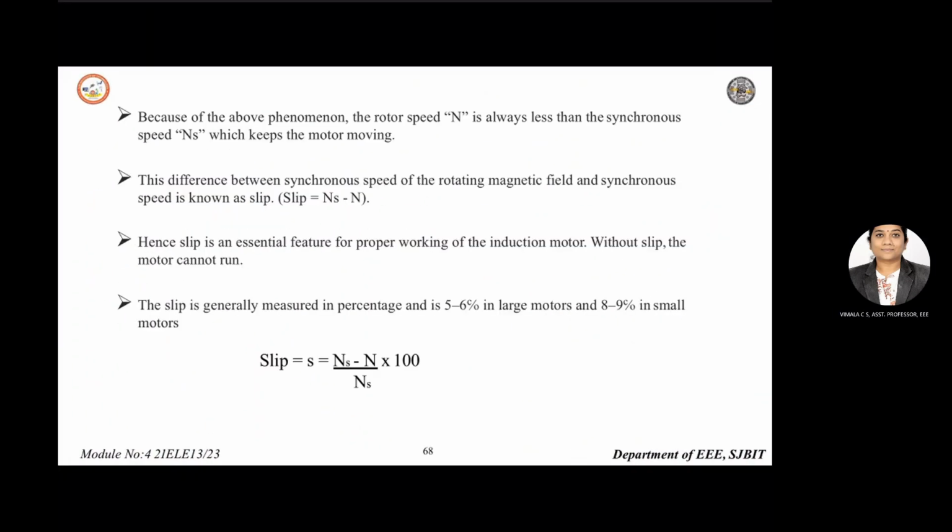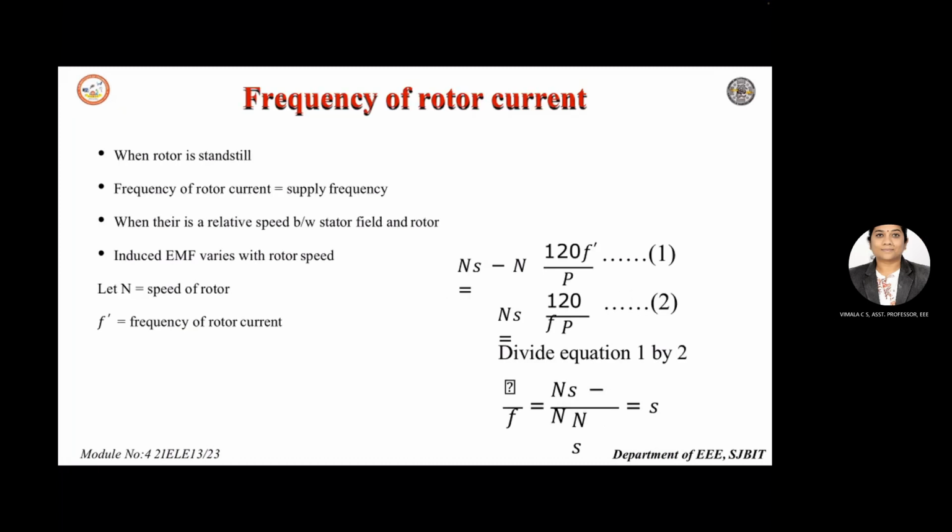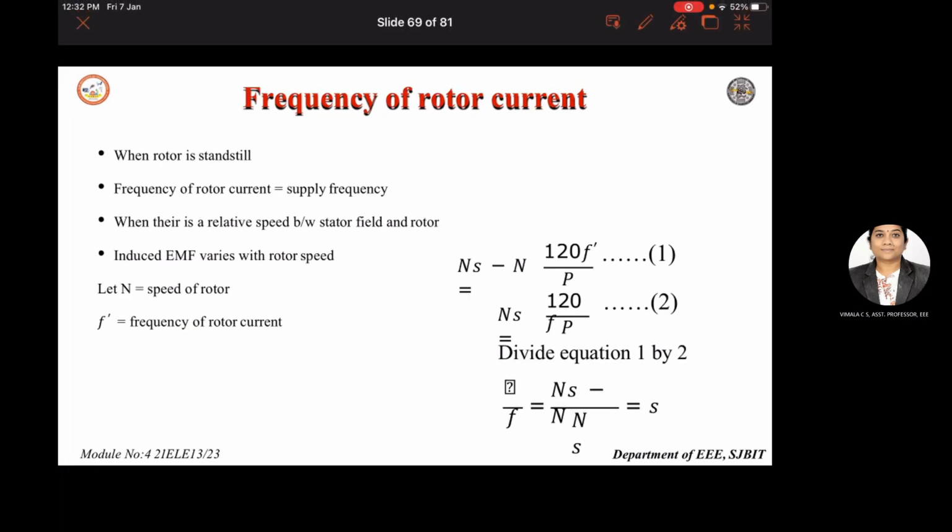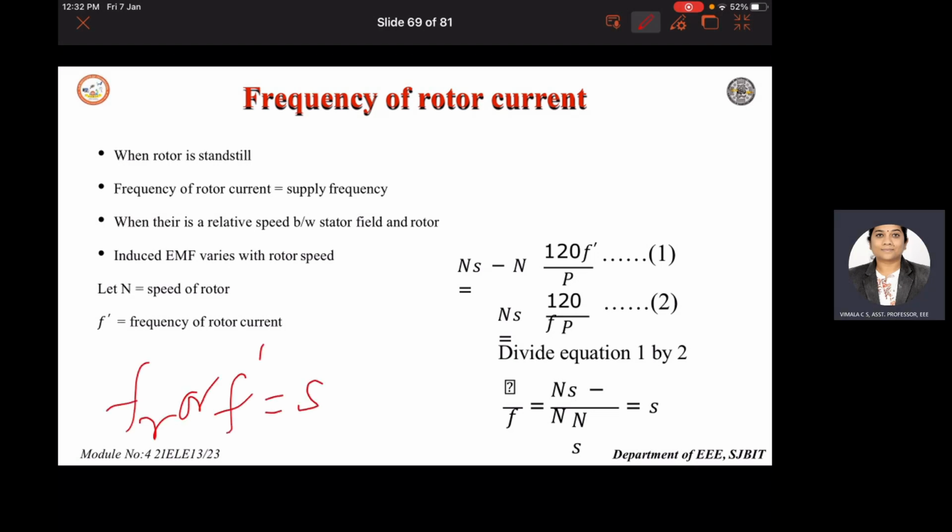So we have Fr or F dash is equal to S times F, that is slip times the supply frequency.